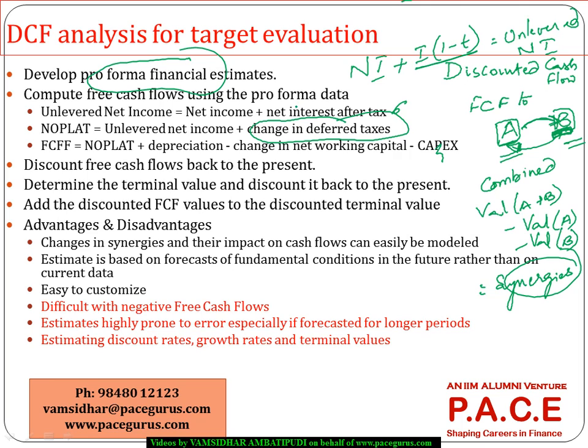Whatever changes have come because of those differences, we add to this unlevered net income to arrive at net operating profit less adjusted taxes, NOPLAT. To the NOPLAT, I add up the non-cash expenses, which are depreciation, subtracting the changes in the net working capital, and also the capital expenditure for that particular year.